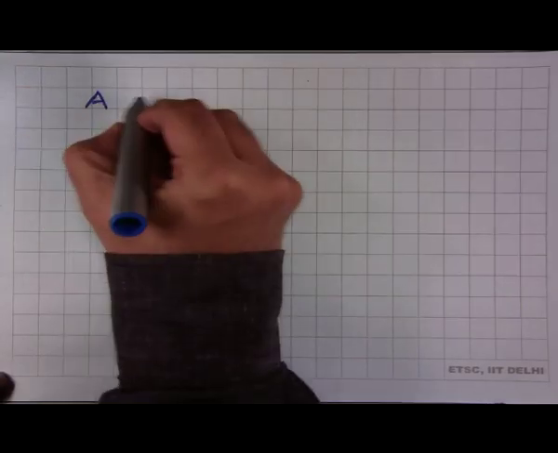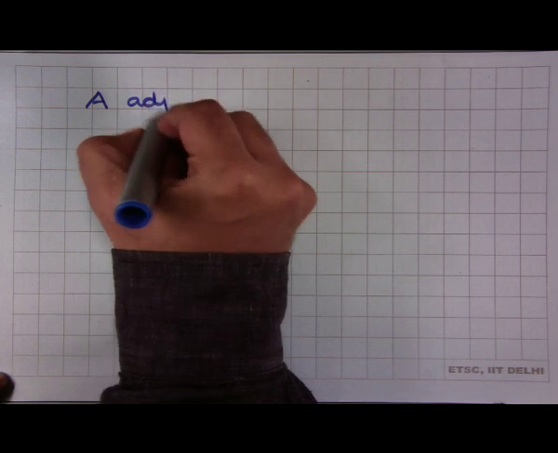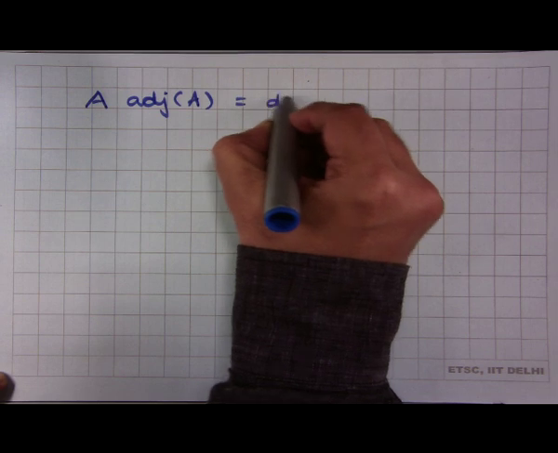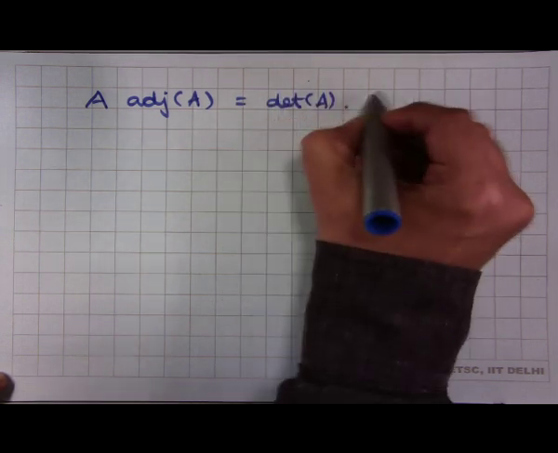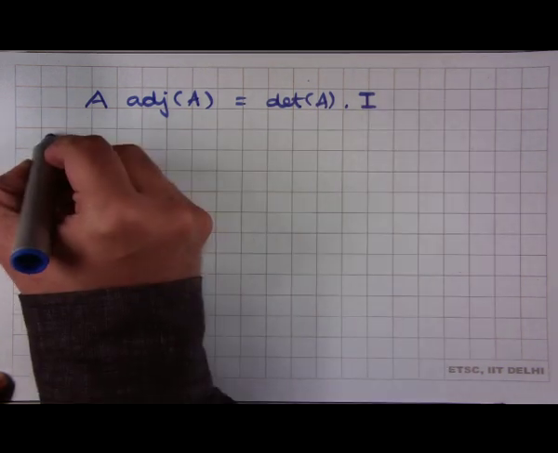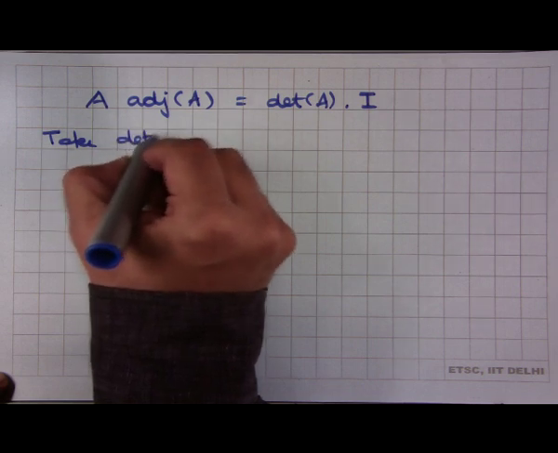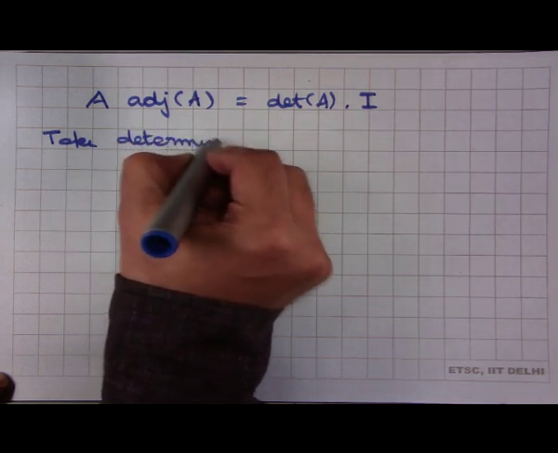So, when we have the fact that A times adjoint of A is equal to determinant of A times the identity, take the determinant over here.